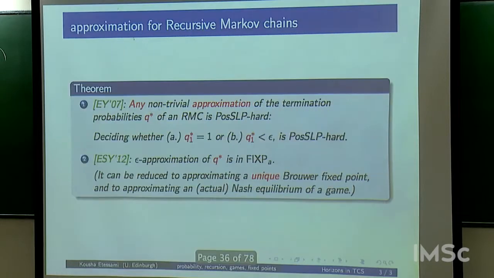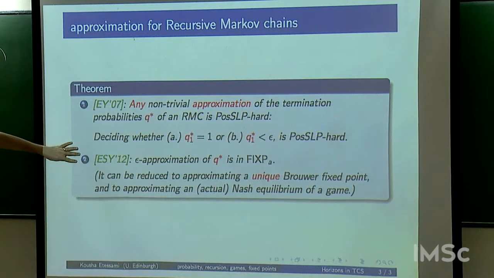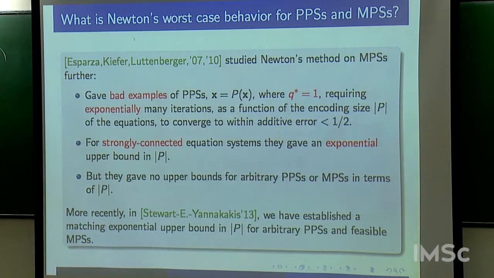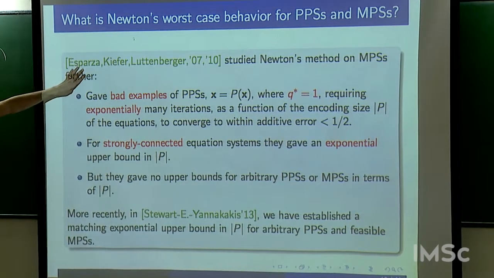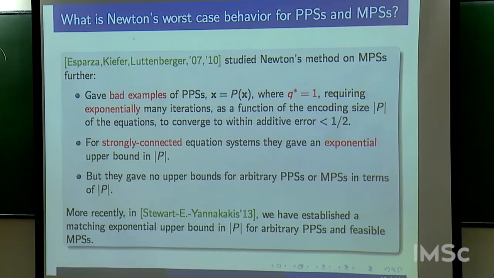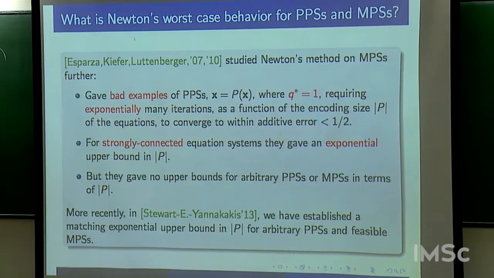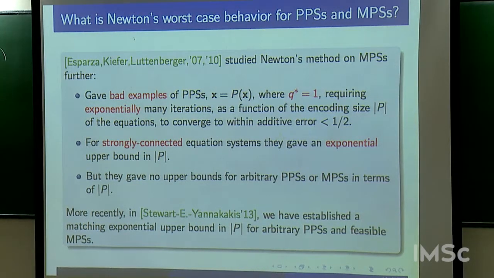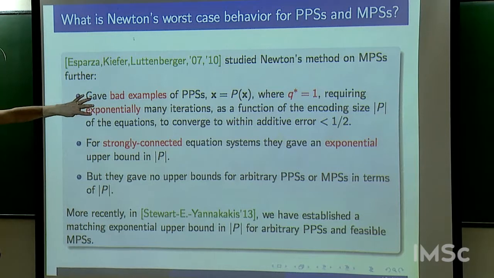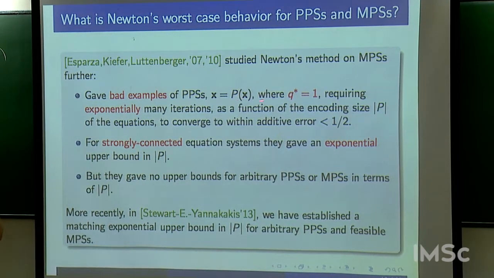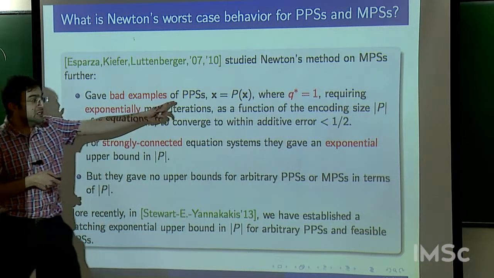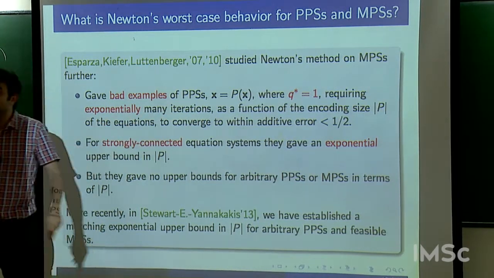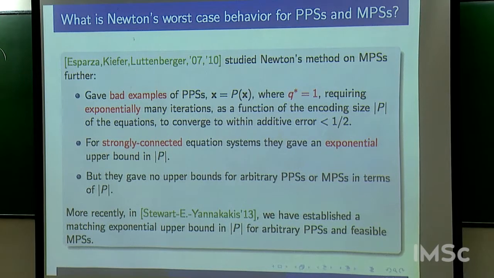Okay. So let me now go further. So we have this, but what is Newton's worst case behavior? In a pair of nice papers by Esparza, Kiefer, and Luttenberger, they studied Newton's method in more detail, and they gave some bad examples showing that already for probabilistic polynomial systems of equations, even when the termination probabilities are all 1, right?